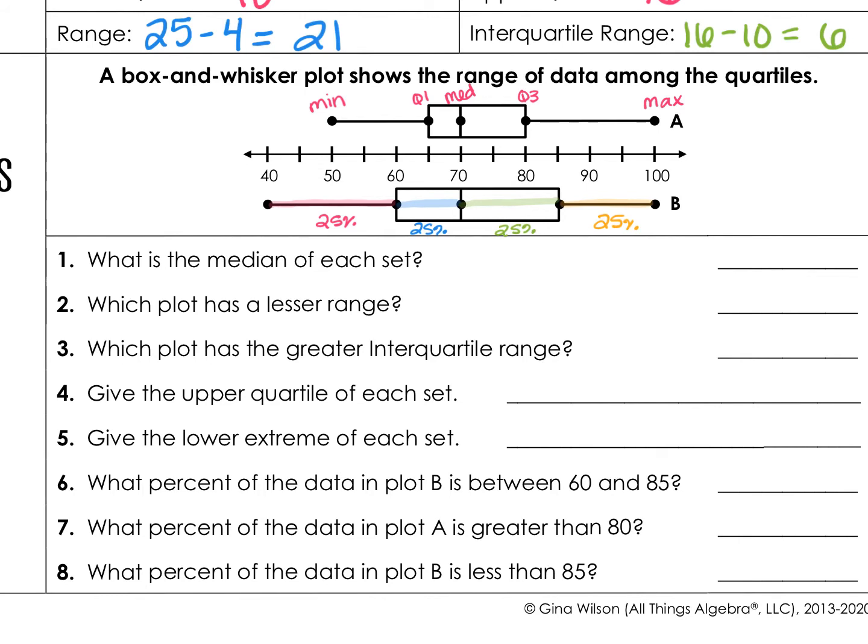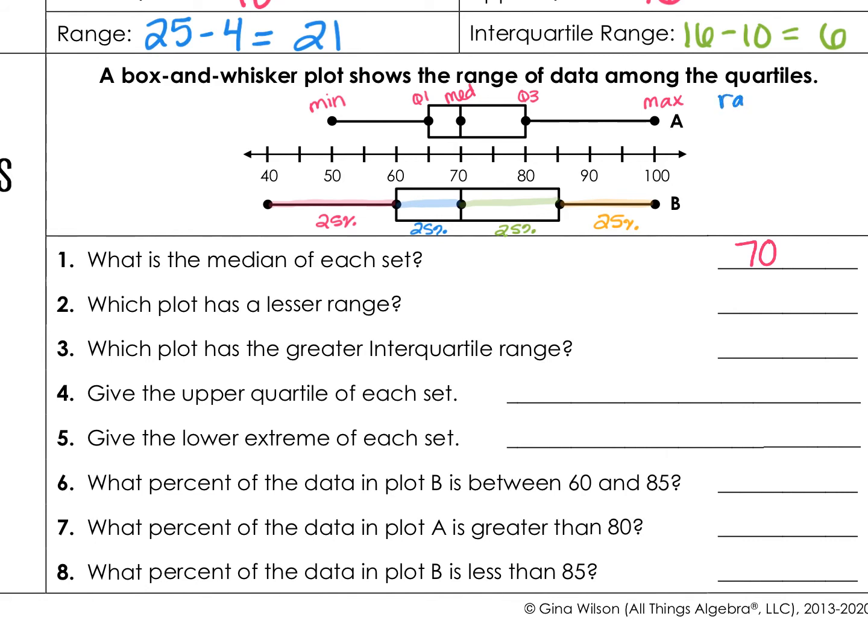So what is the median of each set? Well, the median, I'm looking for that middle line inside the box. So here, for both sets, it happens to be 70. The next question asks about the range. Remember, the range is the maximum minus the minimum.